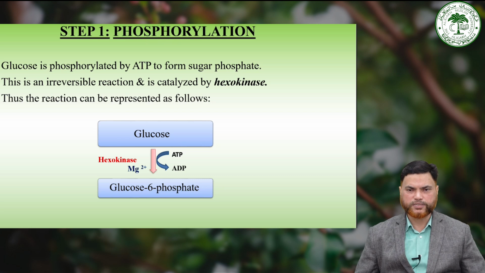In this reaction, the presence of magnesium ion is very essential as the substrate for the hexokinase reaction is basically the magnesium-ATP complex, and its role is crucial as it helps shield the negative charges of ATP, making the terminal phosphorus atom more susceptible to nucleophilic attack by the hydroxyl OH group of glucose.